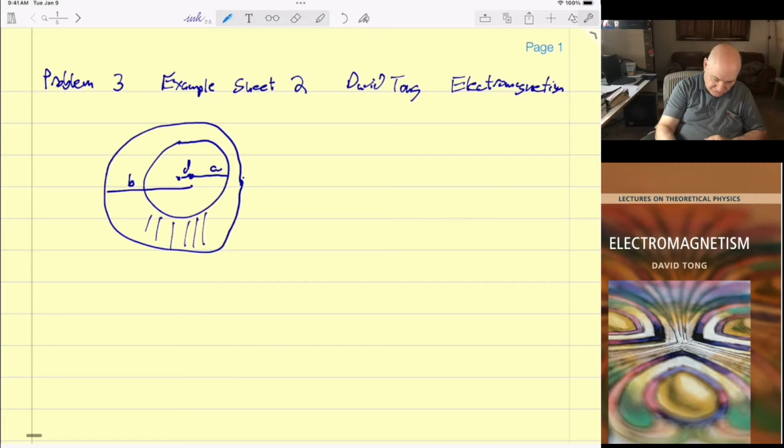I'll just shade it. There's a constant current density.